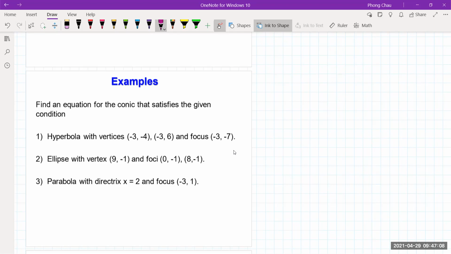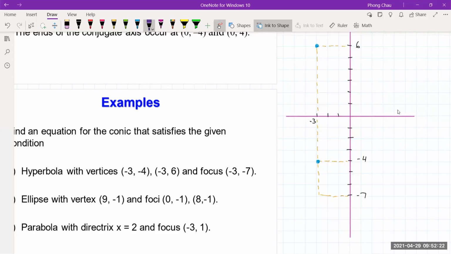Okay, so first let me plot those points. I draw the Cartesian plane, the x and y axes, and identify the vertices at (-3, -4), right?